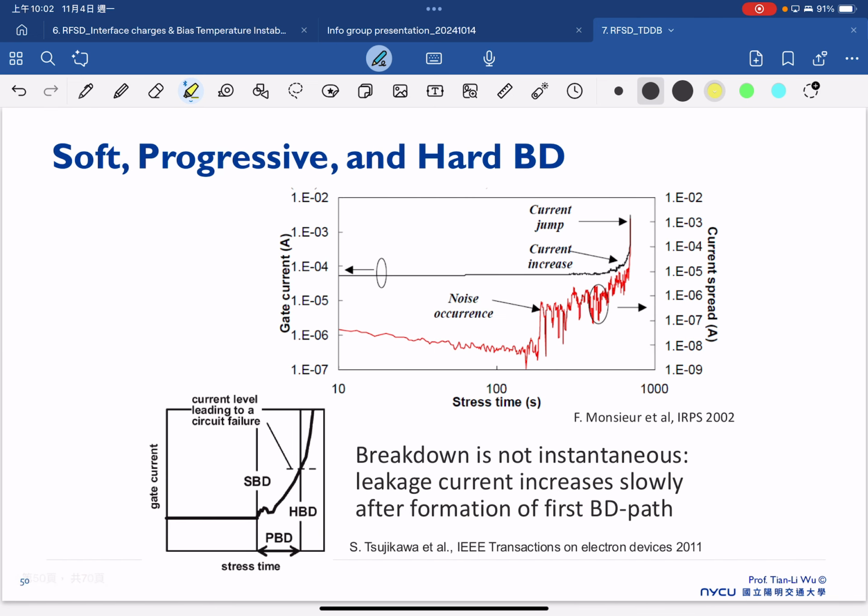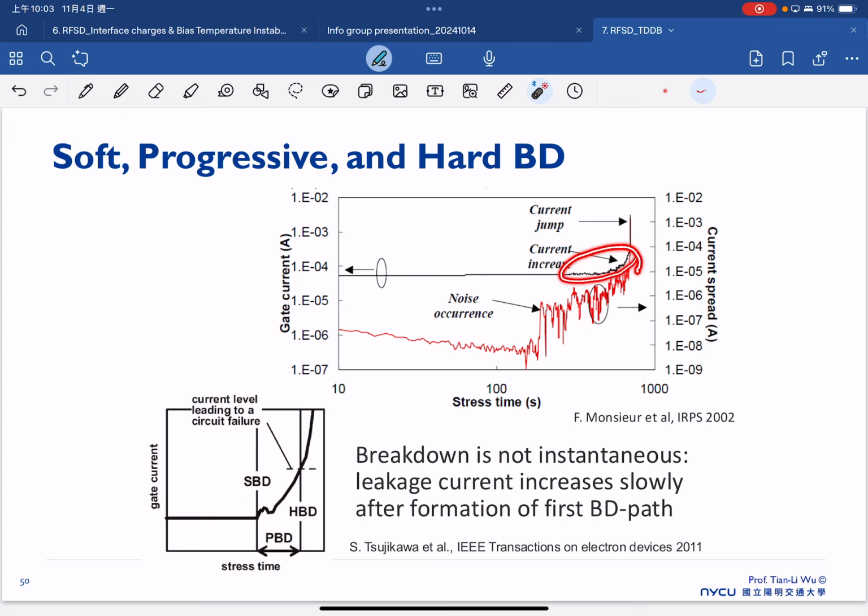Okay, so now we talk about the soft and progressive hard breakdown. In the previous slide we have already schematically drawn it, but this is more realistic from the experimental data. This is a typical gate current measured during the time-dependent dielectric breakdown testing, and you will start to see after a certain moment there's a small jump here. It starts getting noisy.